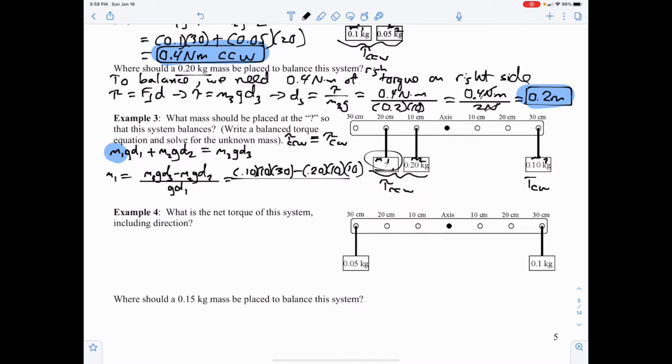Divide that by g is 10, and that would be 20 centimeters away.